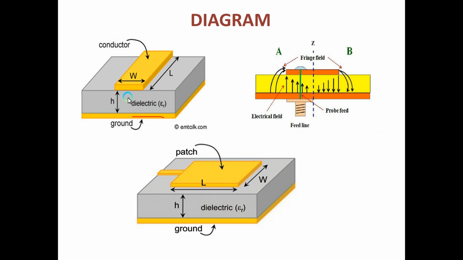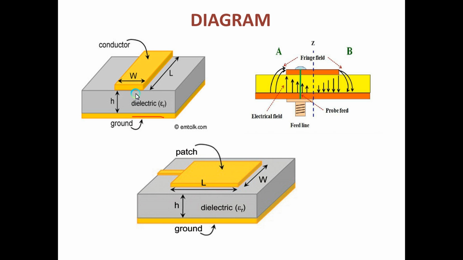If current is excited through this transmission line with respect to the ground layer, energy is transferred from one end of the strip to the other end. So it is called a transmission line.